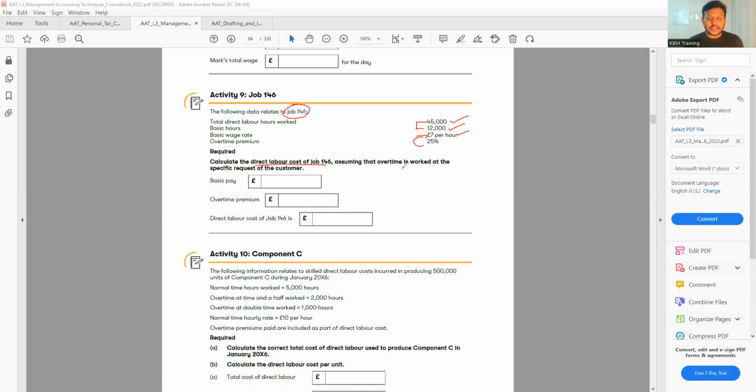The question mentions very clearly that it is worked for the specific request of the customer. That means it is not our indirect cost. So calculate the basic pay, the overtime premium, and the direct labor cost for job 146. So let's try to do it together. Can we calculate the basic pay, everyone?